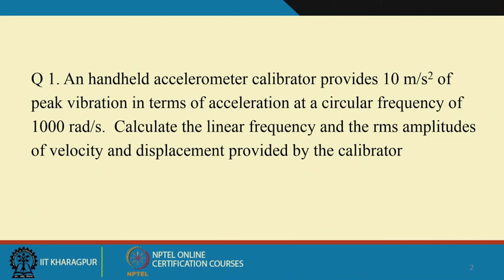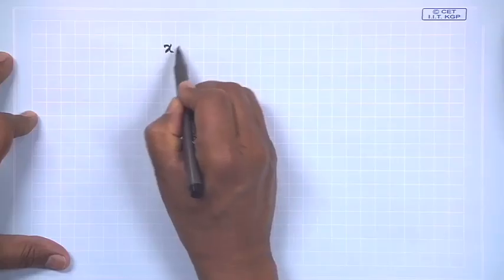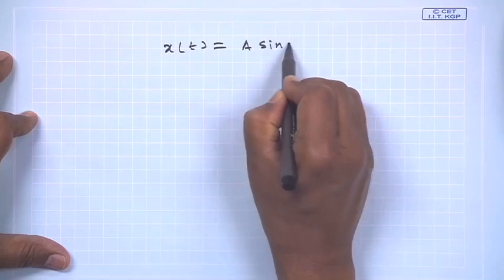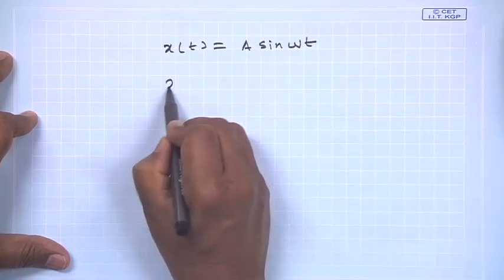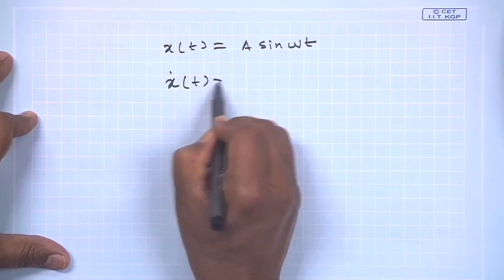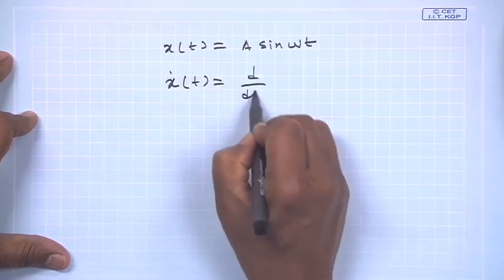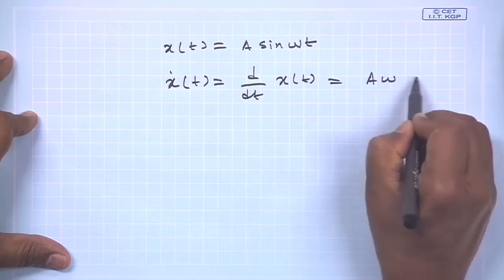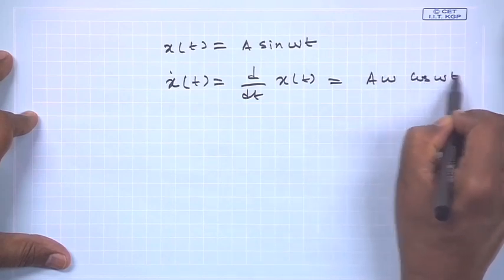So, if I have a signal x t equal to a sin omega t, the velocity x dot t is nothing but d by dt of x t, which is a omega cosine omega t.